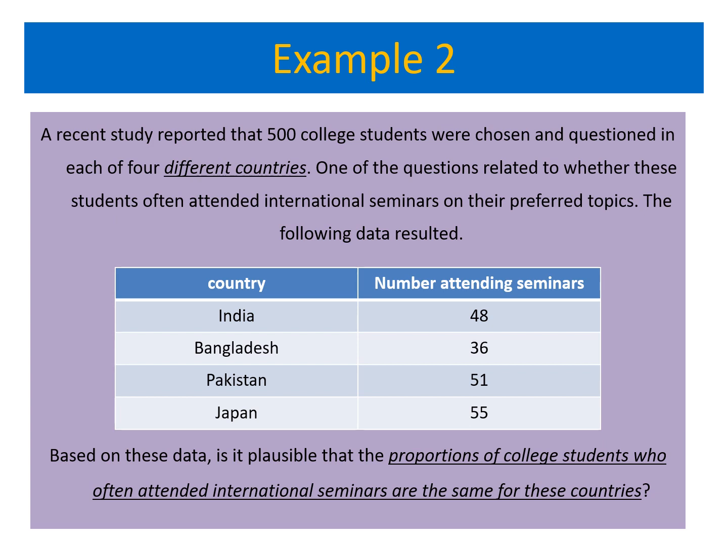Number of attending seminars: 48, 36, 51, 55. Based on this data, is it plausible that the proportion of college students who often attended international seminars are the same for these countries? So here again, your task is to identify how many variables are over there and what is the nature of the variable.